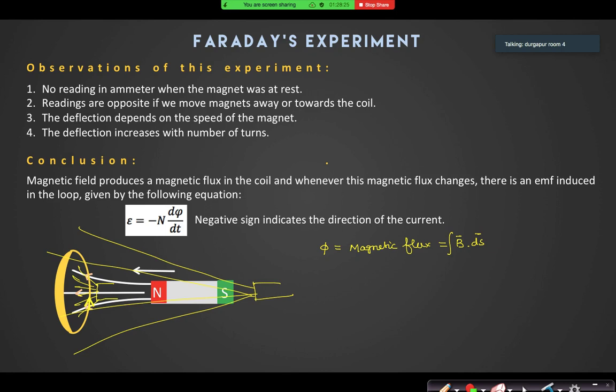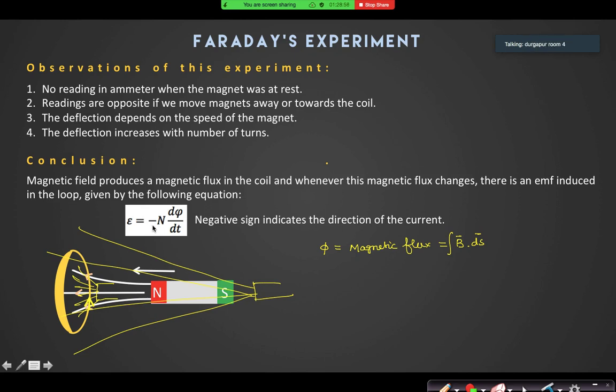But as I have said, this Faraday's law itself is enough to discuss the magnitude as well as the direction of the induced current. Right? Magnitude is N d phi by dt, but direction is found by the minus sign. How does this minus sign help us? Sir, the minus didn't come from Faraday's law, it came from Lenz's law. No, Faraday in his law only gave the minus sign.